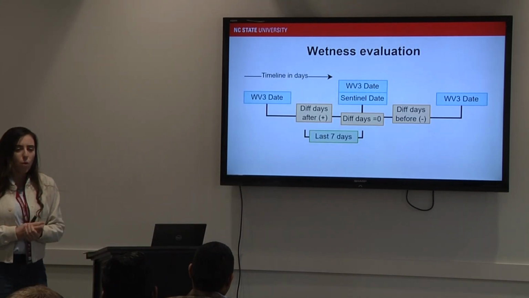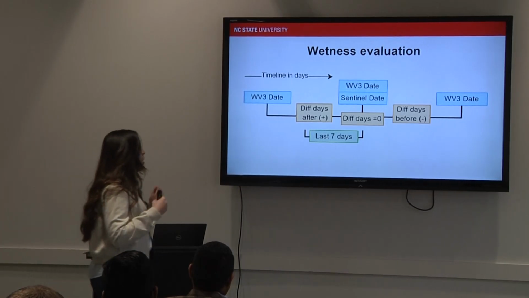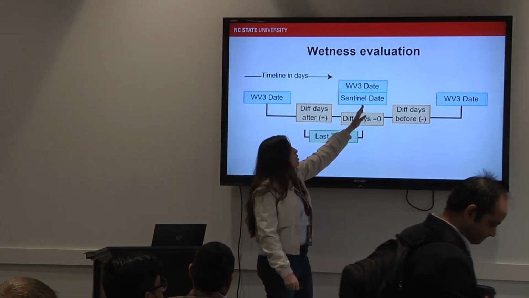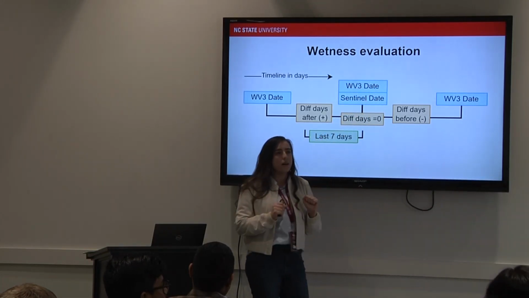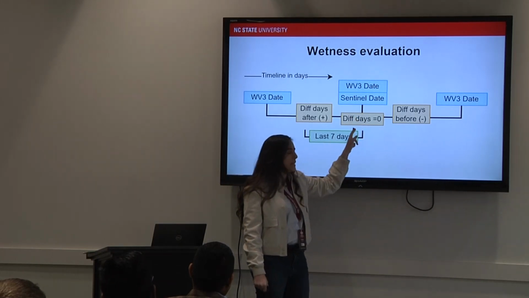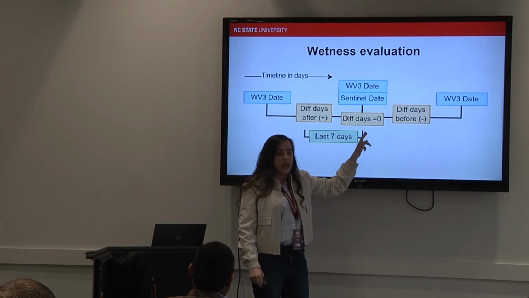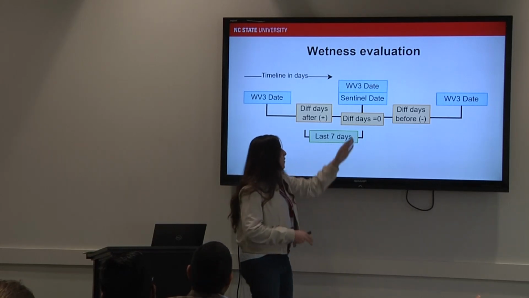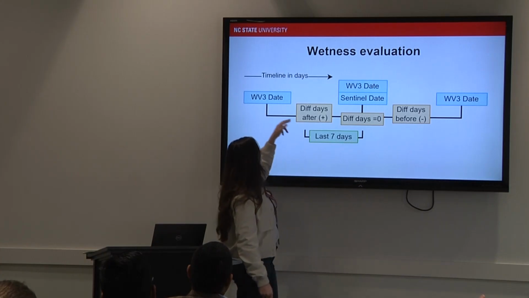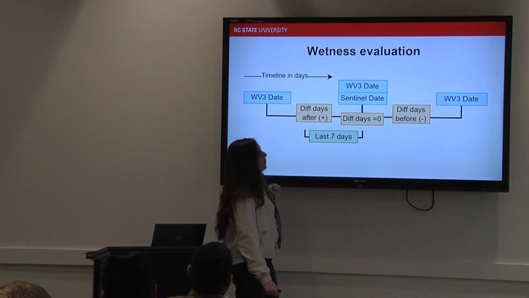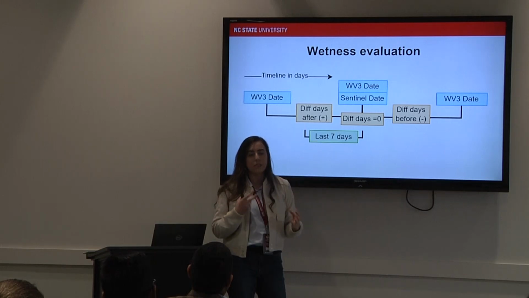So what do I mean by wetness in the image? Let's say this is the WorldView 3D acquisition. When I get the HLS image on the same day, the difference in dates is 0, which means the wetness in the images is going to be the same. But if I get an image before or after, I'm going to have a difference in days, and that's going to introduce some differences in wetness.